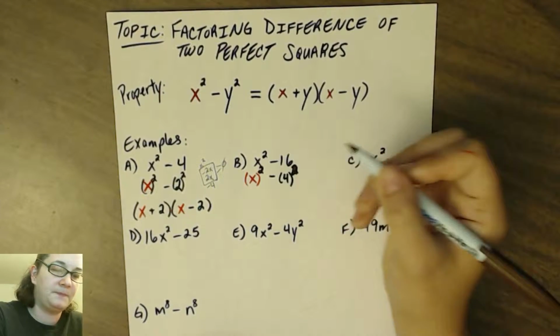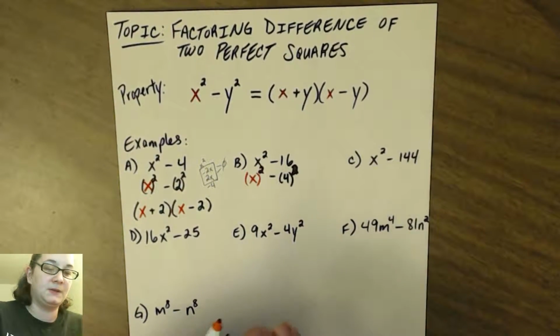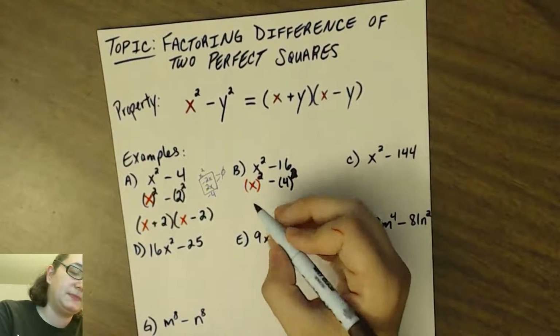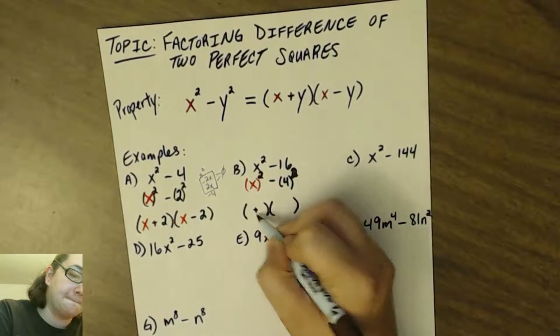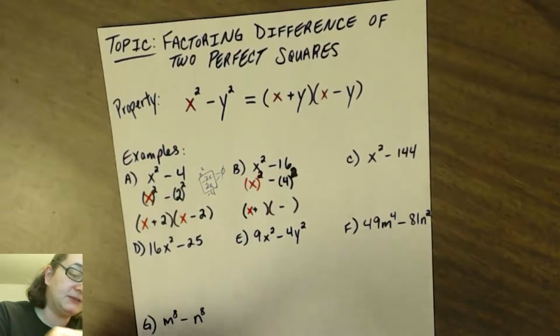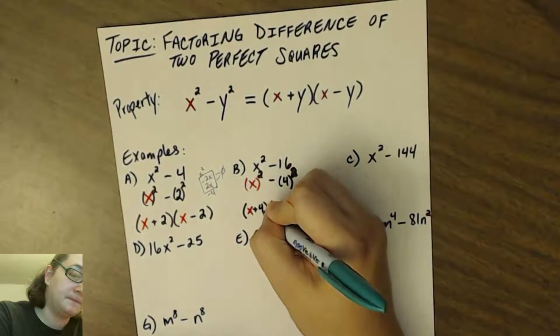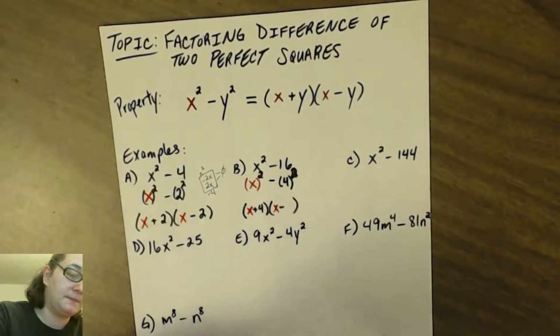This is squared. So 4 squared would give me 16. So that means that my end result is x plus 4 and x minus 4.